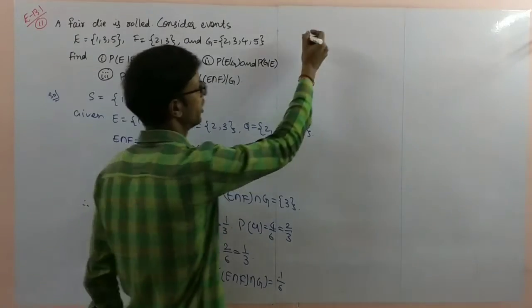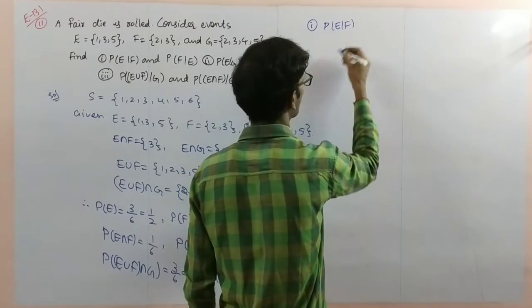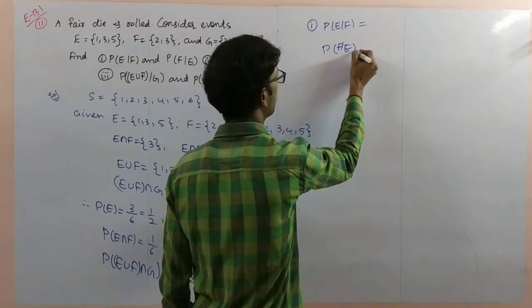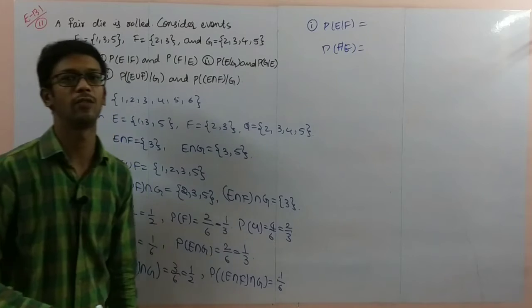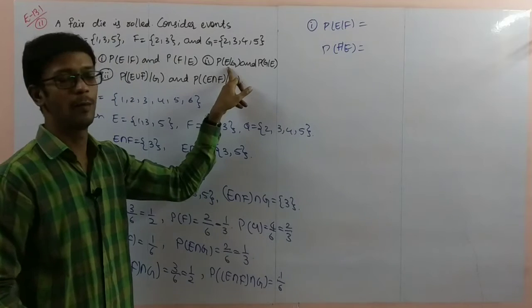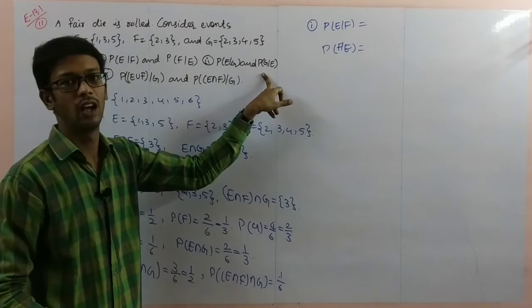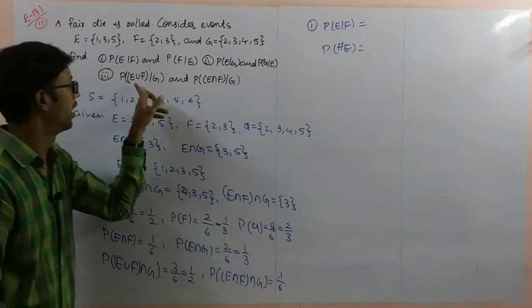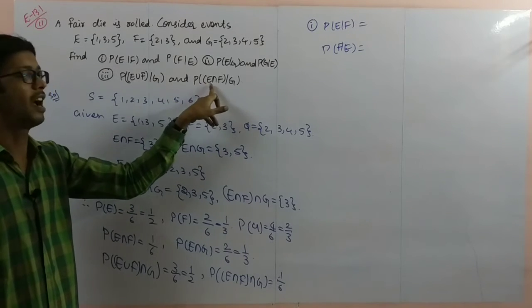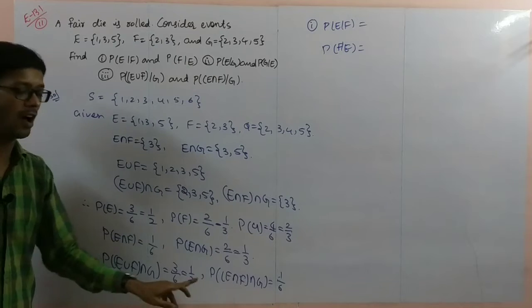Now by using the formulas you have to simplify. Probability of E by F is equal to P of E intersection F by P of F, and P of F by E is P of F intersection E by P of E. Next, P of E intersection G by P of G, P of G intersection E by P of E. Next, P of E union F intersection G by P of G, and P of E intersection F intersection G by P of G. So all formulas you know here.